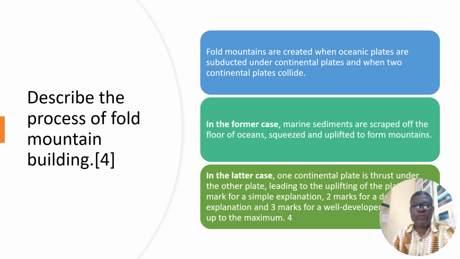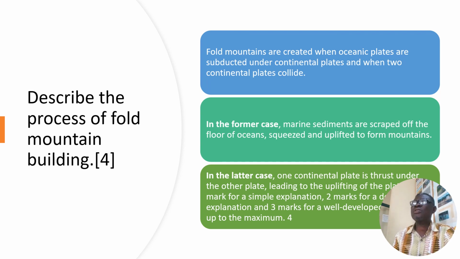Describe the process of fold mountain building. How do fold mountains get formed? For the concept behind the formation of fold mountains, you need to link them to the plate margins, at the convergent plate margins and at the collision plate margins.